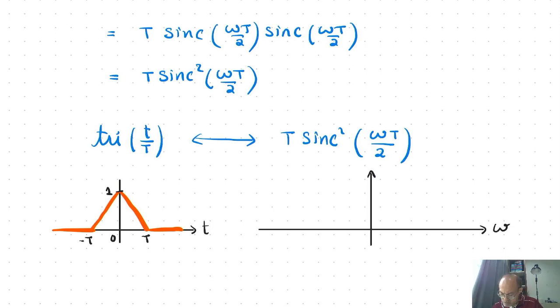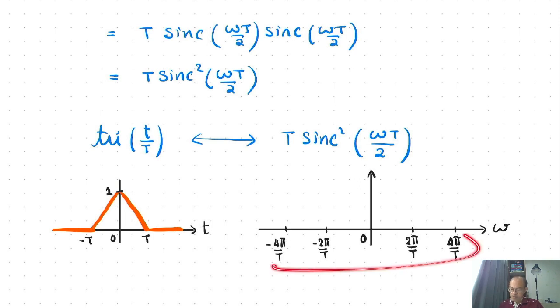And to find the shape of it, I need to find the zero crossings again. 1, 2, 3, 1, 2, 3. Okay, this is 2 pi over big T, 4 pi over big T, minus 2 pi over big T, minus 4 pi over big T. Now these values are determined by setting the parentheses equal to k pi, right?